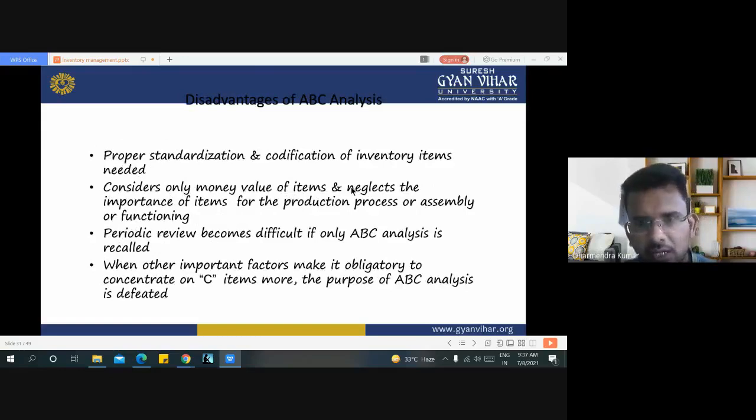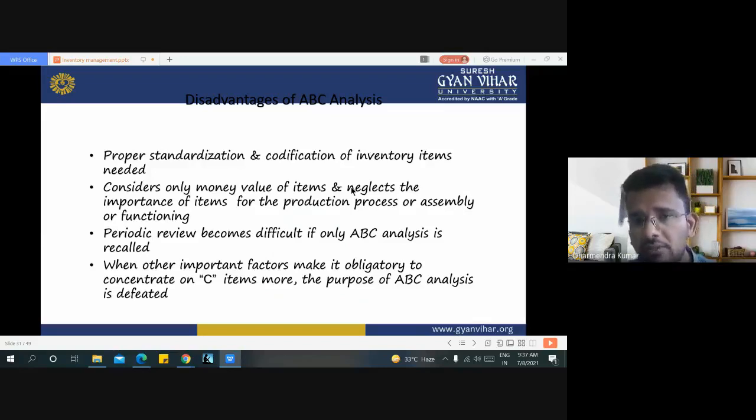Disadvantages of ABC analysis. Here are some various disadvantages of ABC analysis. Apart from the advantages, proper standardization and codification of inventory items is required.